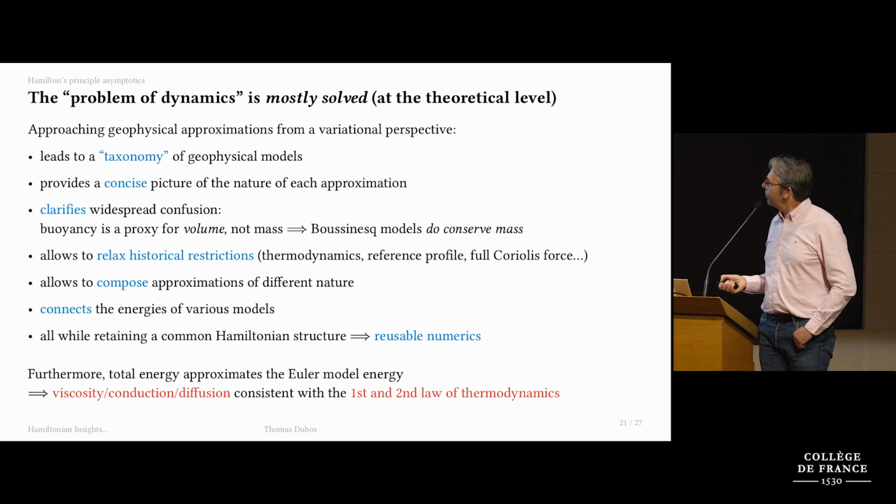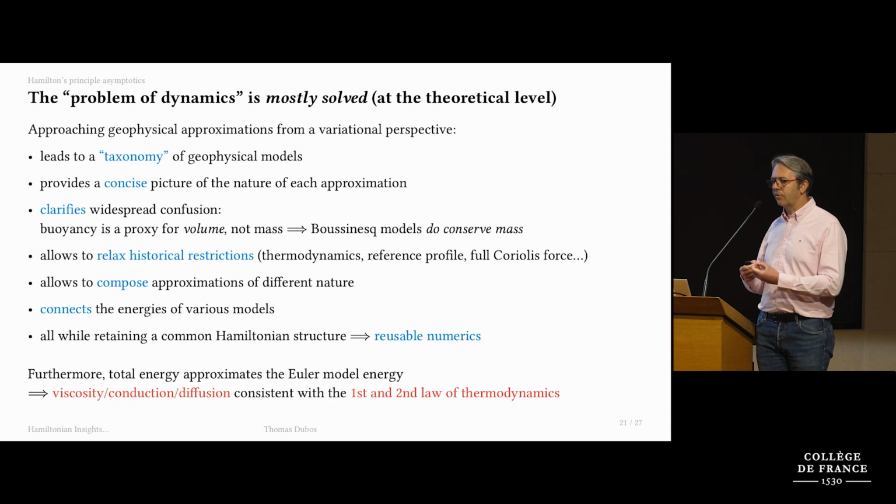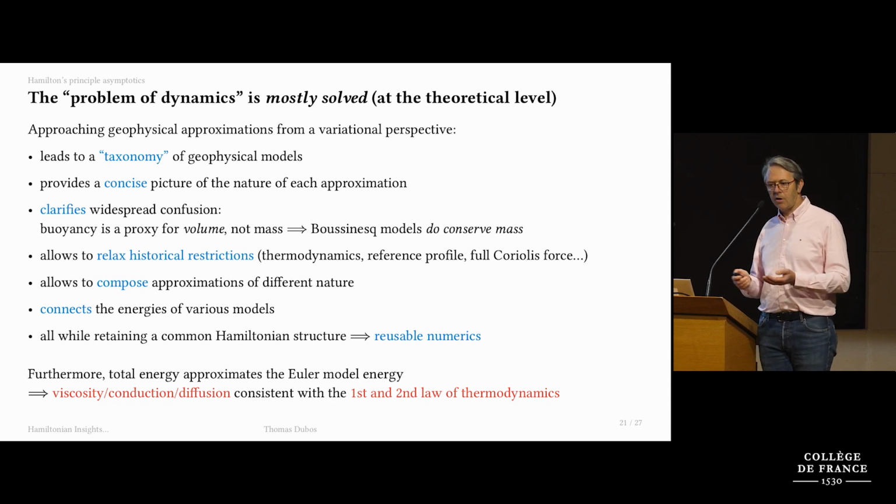And of course, all these models will share the common Hamiltonian structure, which can be exploited for numerics, as I've explained before. But for the rest of my talk, the important point is this one. After the fact, we can add these terms, and so we can start very prudently to add irreversible terms in addition to the reversible part of the model.